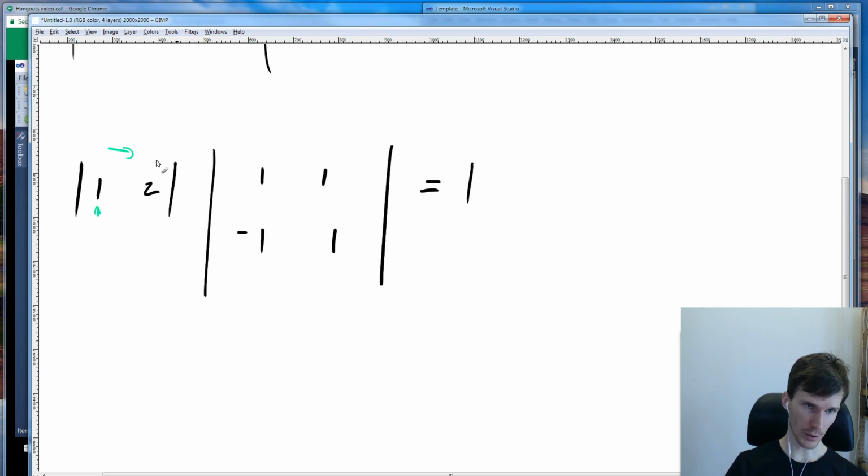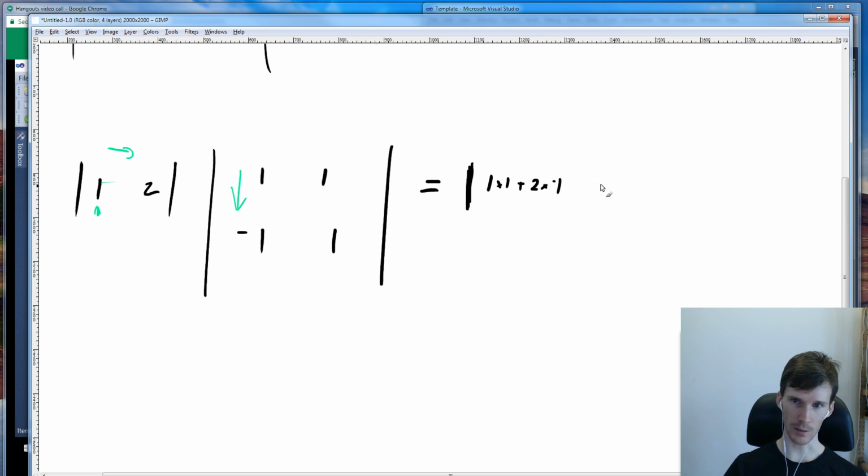We're going across and down, so we take the first row and the first column to get our one position. So 1 times 1 plus 2 times -1.